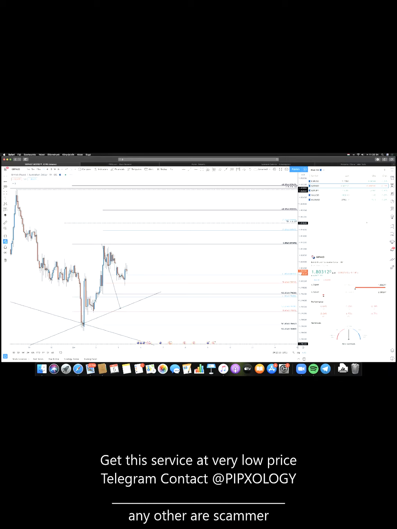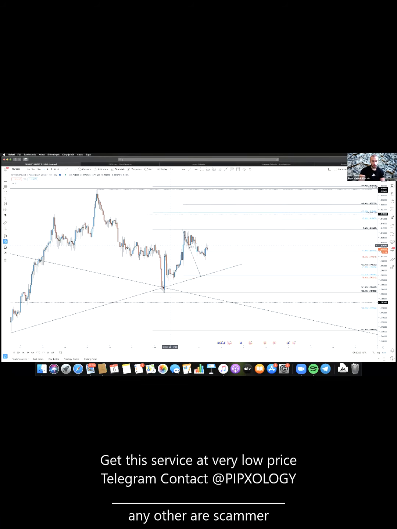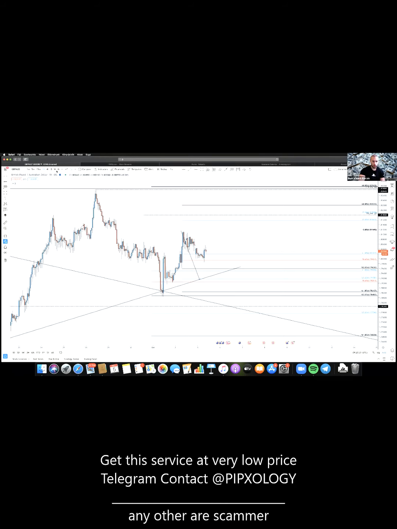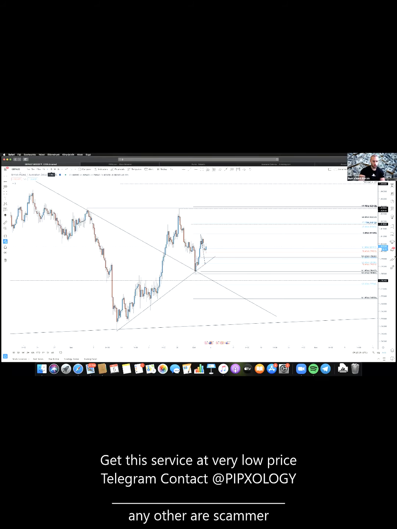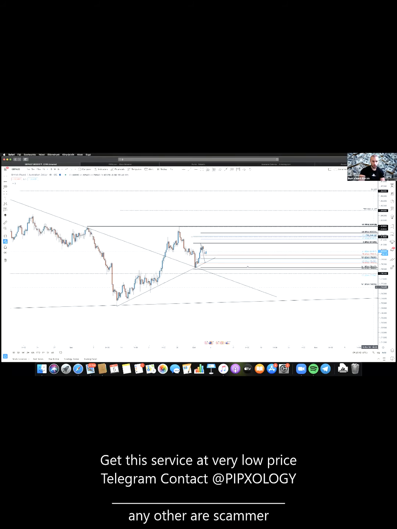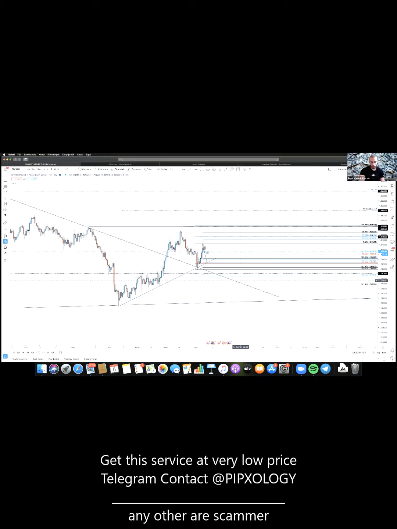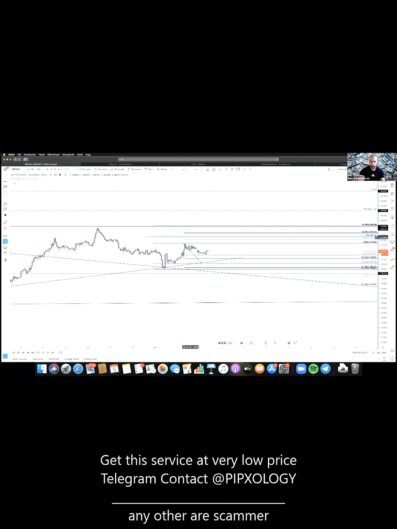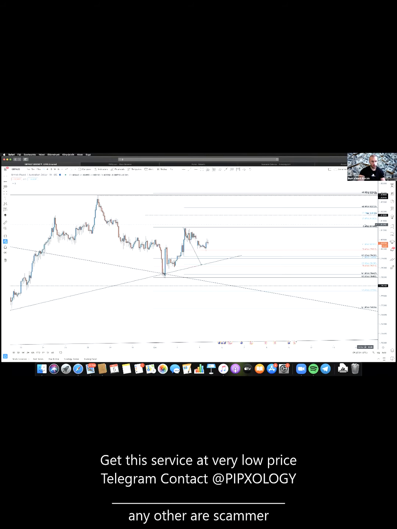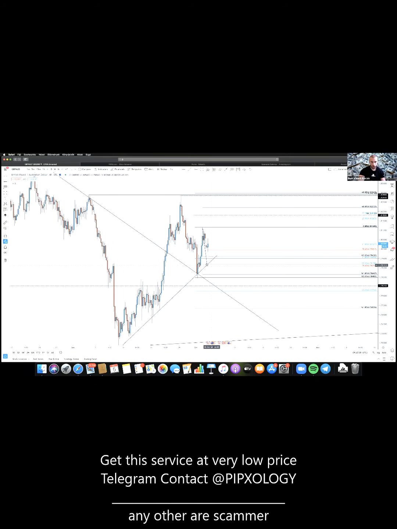This is GBP/AUD. In GBP/AUD, we can find the price opened with a gap to the downside, and after it started pushing, and we can find here is the main trend line, so the price is still far from that.